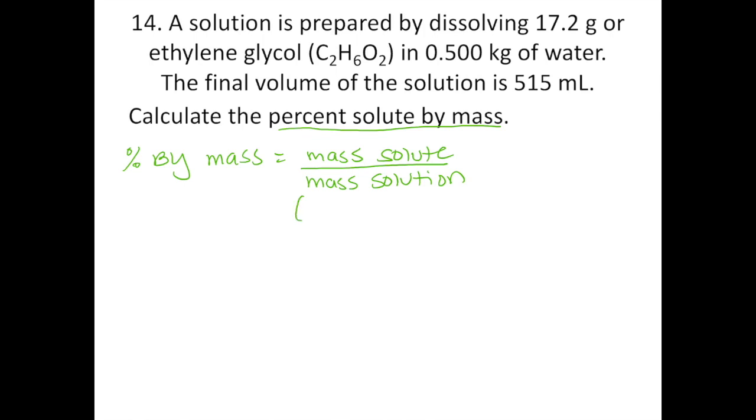So you want to take the mass of the solute plus the mass of your solvent, add them up, and then we multiply that by 100 to get it to a percent, and that is my formula. Okay, so I have to look up here and figure out what I have to do.